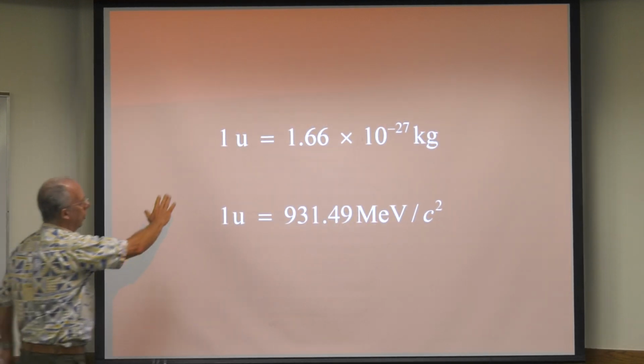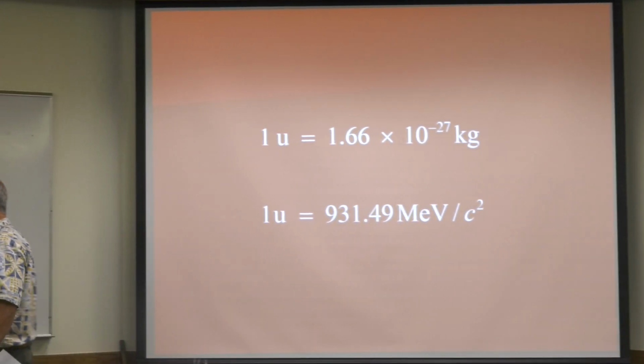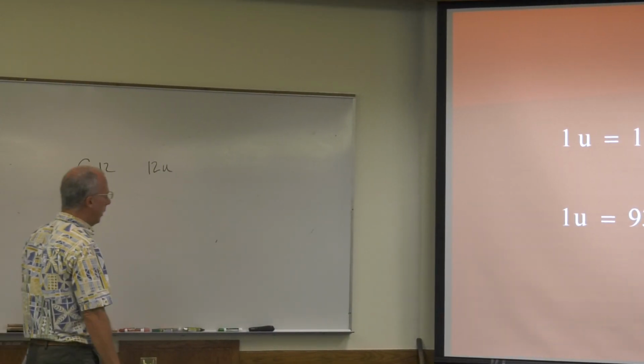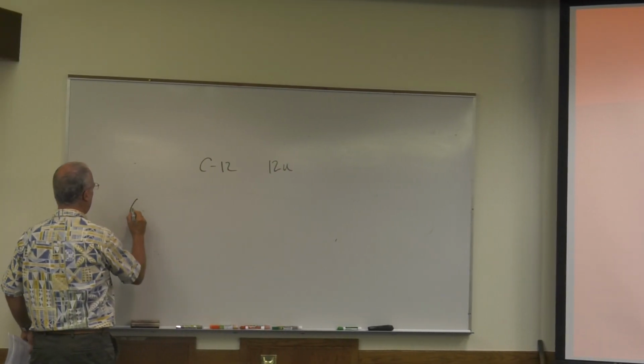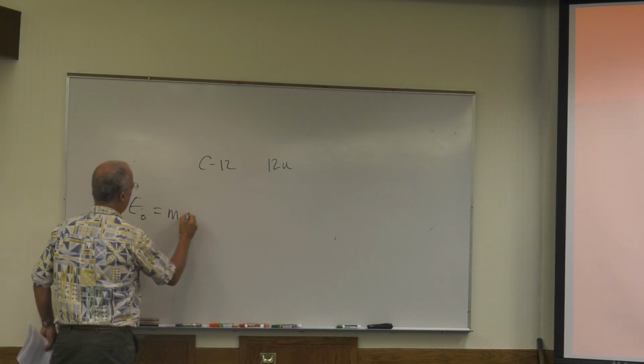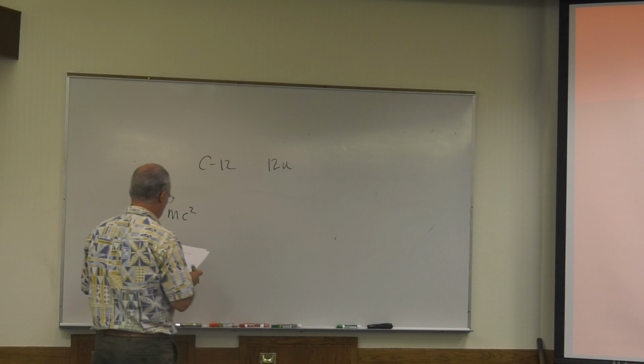All right, so this is true, but I don't like it. You shouldn't either. So what did we learn in relativity? We learned that the rest energy E0 equals mc squared, right? So let's do that.